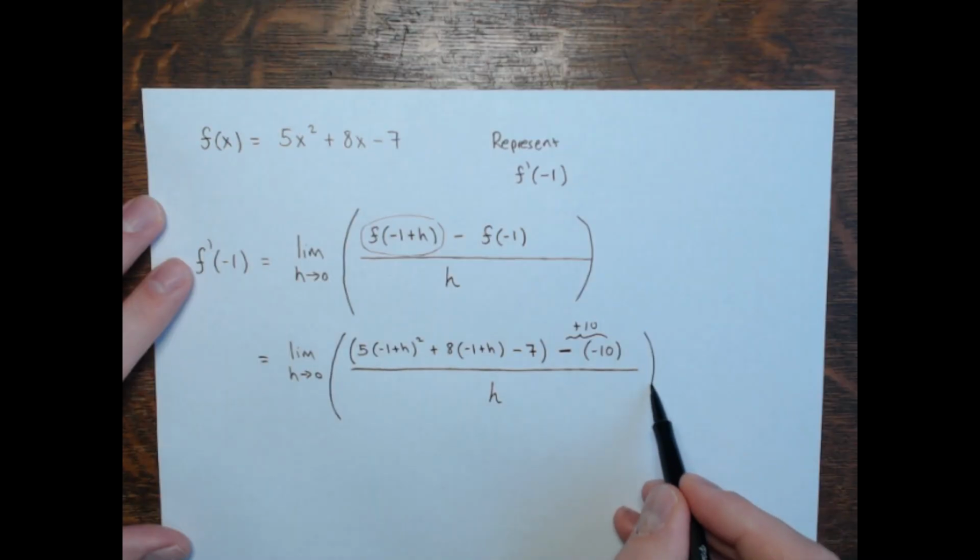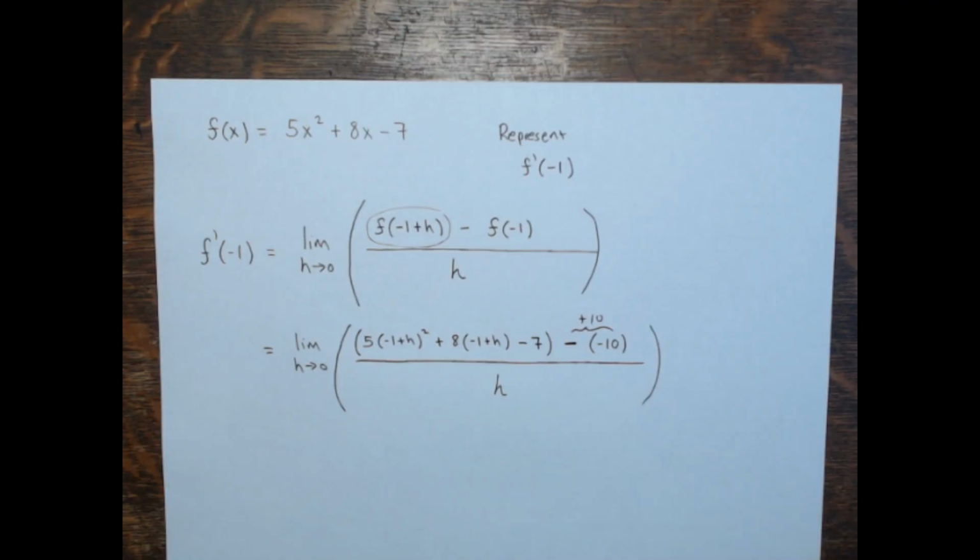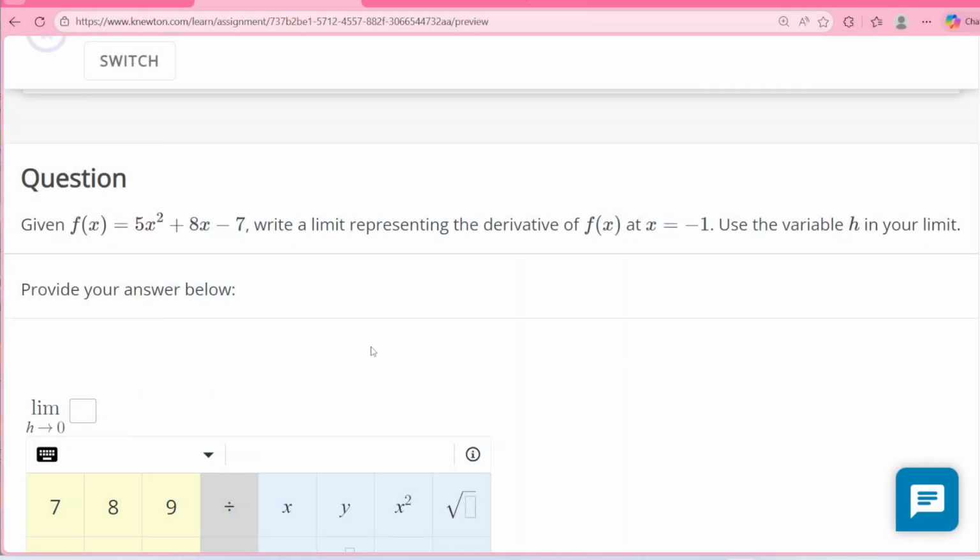You could even simplify further, but I'm just going to type this as is, and then all that divided by h. This is what they want me to do. That's all they're asking you to do. So the limit as h approaches 0 of, in parentheses in the numerator, another set of parentheses for this f at -1 plus h.